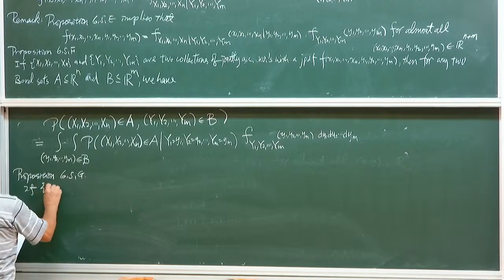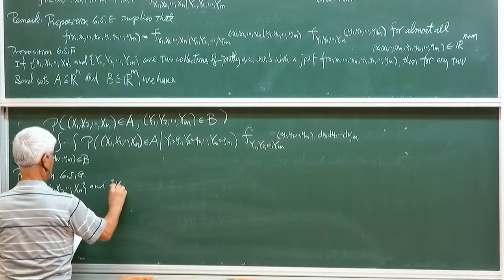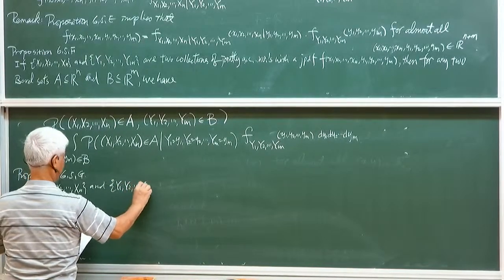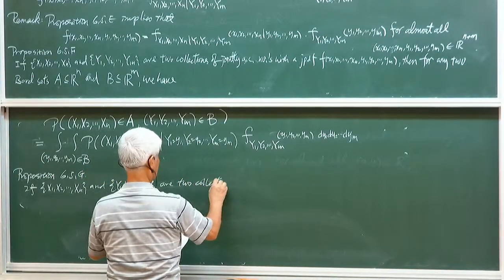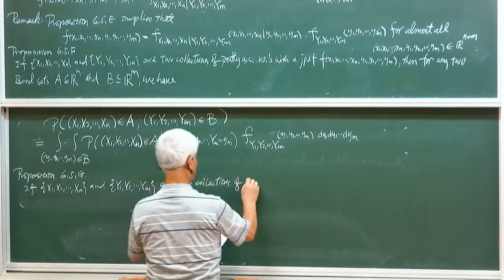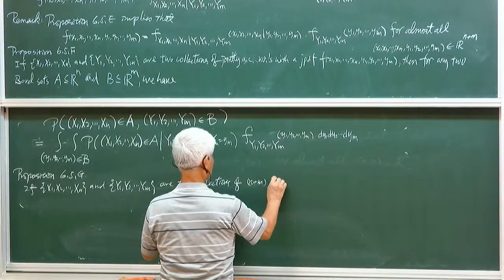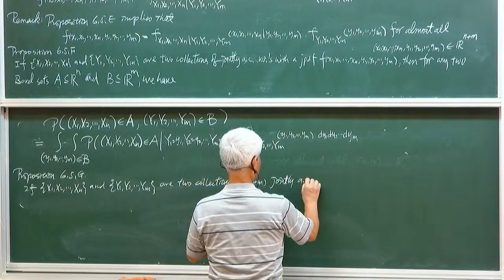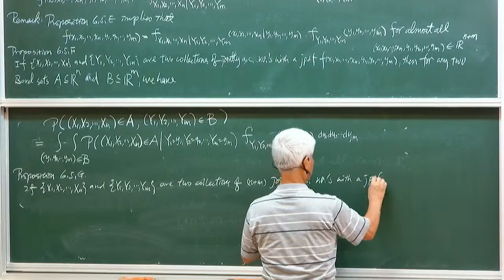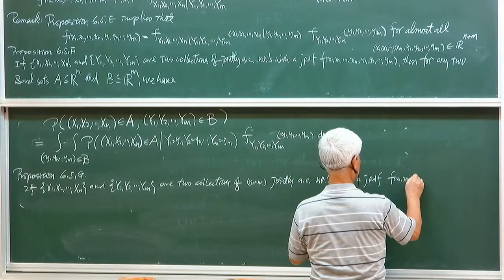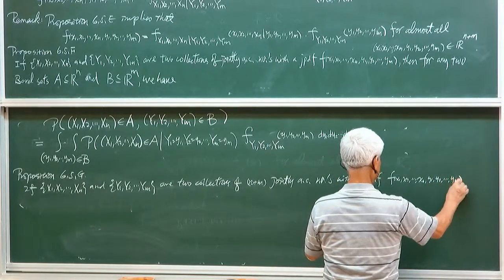So if x1, x2 up to xn, and y1, y2 up to ym are two collections of n plus m jointly absolutely continuous random variables with a joint PDF, okay.